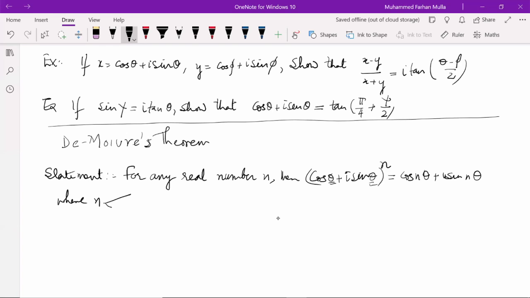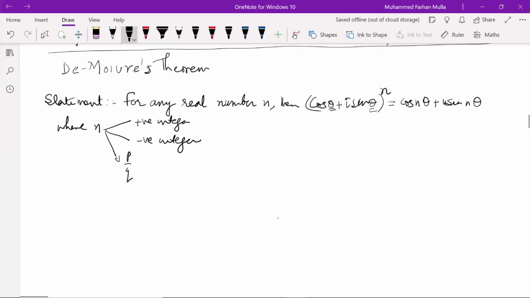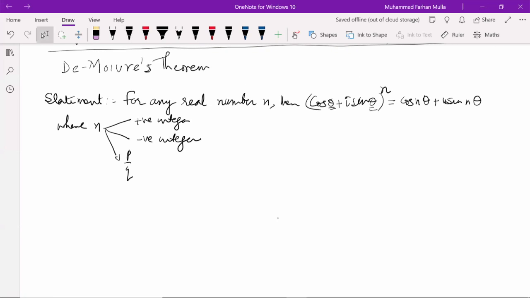what? It can be a positive integer, it can be a negative integer, or it can be a fraction of the form p by q. So keeping this in mind, positive, negative, and fraction, we have certain simplifications. Okay. Say, for example, you can say some observations.